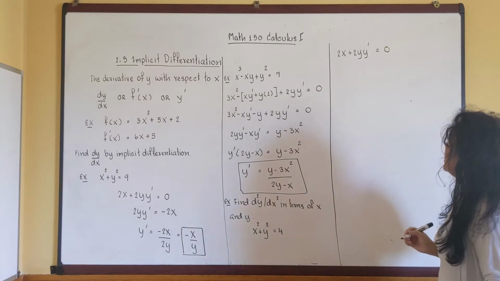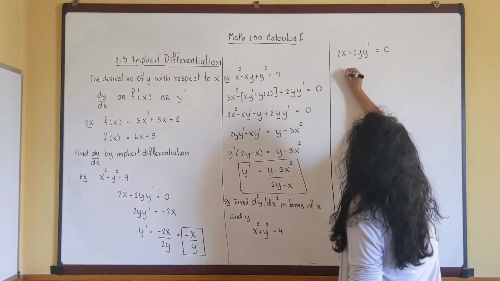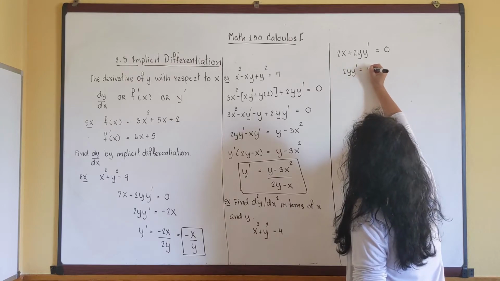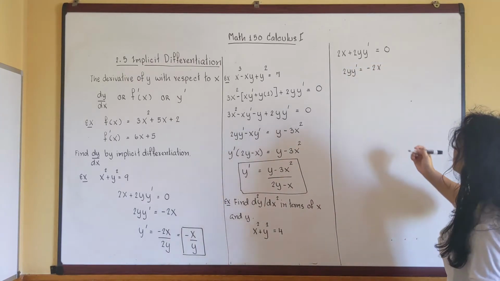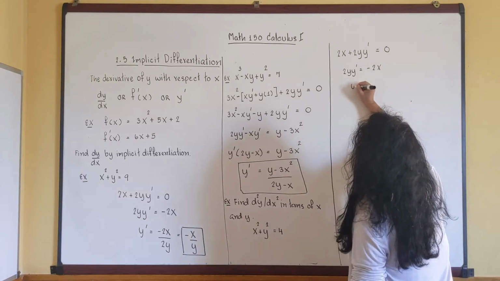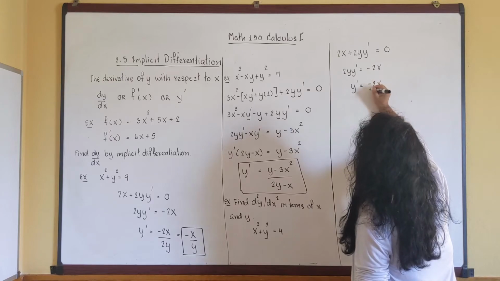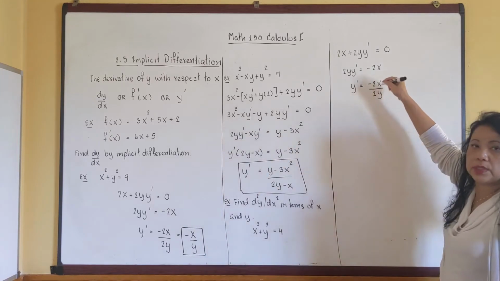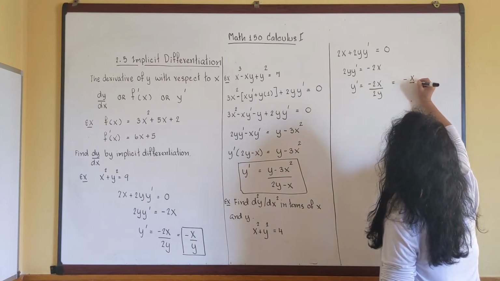Then I'm going to solve for y prime by itself. So 2y y prime is equal to negative 2x. So my y prime would be negative 2x over 2y. I want to reduce a little bit here, so it's going to be negative x over y.